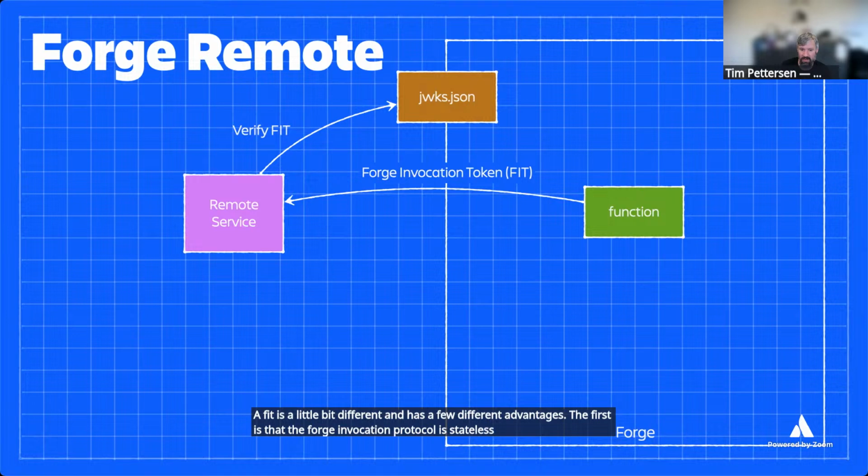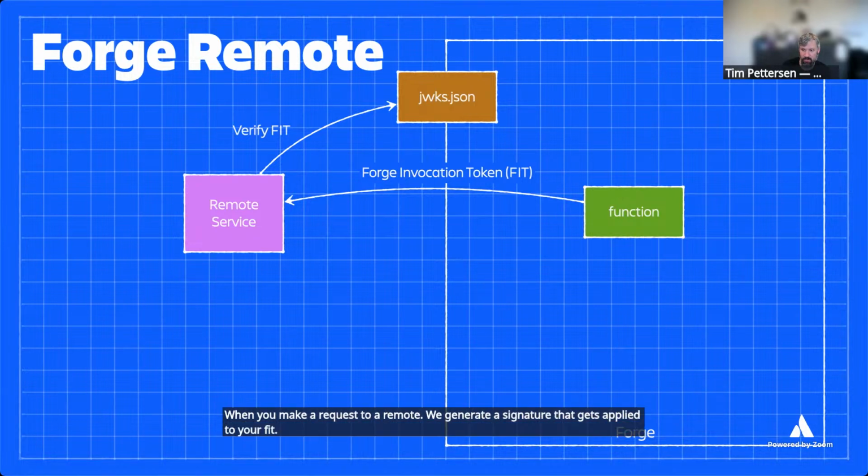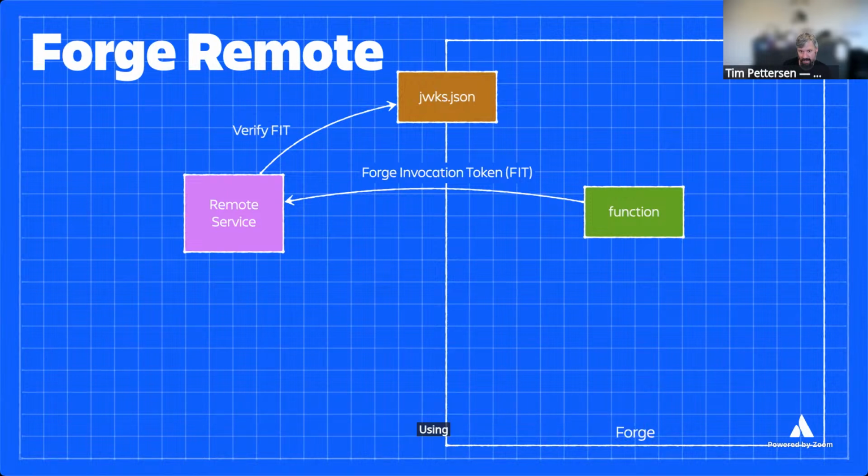So when you make a request to a remote, we generate a signature that gets applied to your FIT using a private key that's housed inside of the Atlassian platform. And then you can verify that token using a public key that we publish in a well-known spot.